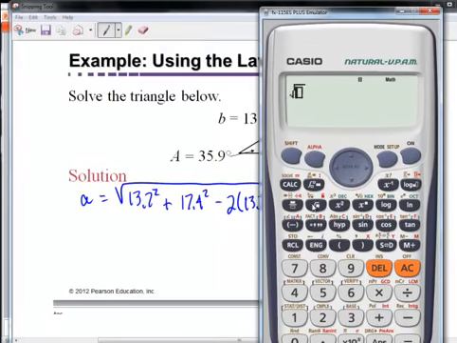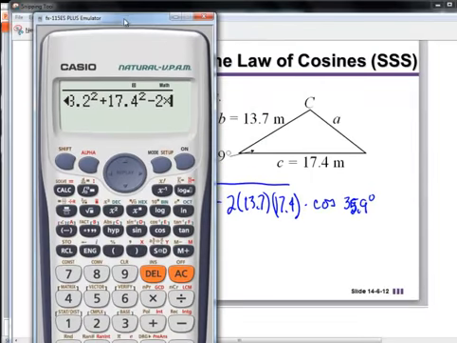Square root key. 13.2 squared plus 17.4 squared minus 2 times, oh, that should be 13.7, not 13.2.